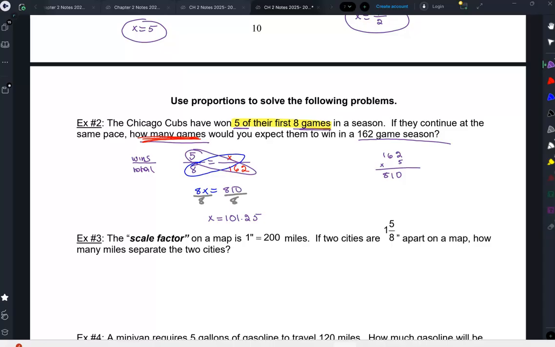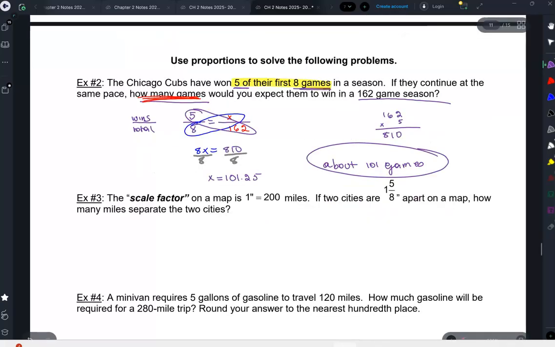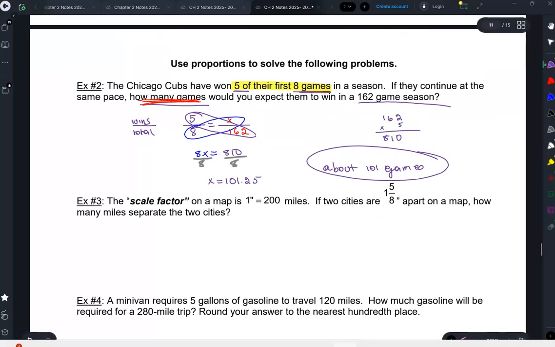So if you were to round this to the nearest whole number, how many games would it be? 101 or 102? 101. So it's about 101 games. Don't just round up because no matter what, you're estimating. Okay? Yes. Because you have to say a number. Okay.